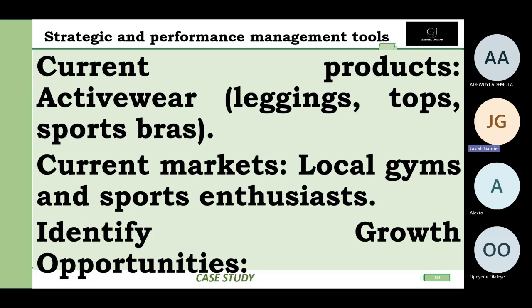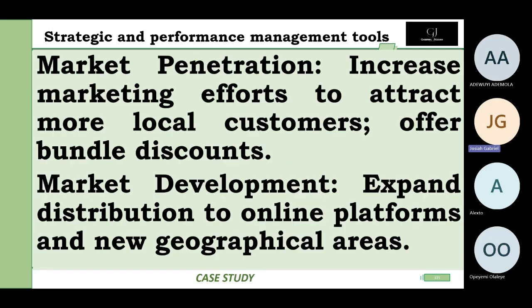Then you identify growth opportunities. Market penetration, that is increasing the marketing efforts to attract more local customers, offering bundle discounts and maybe free wares to the users in that market to attract more sales or patronage.